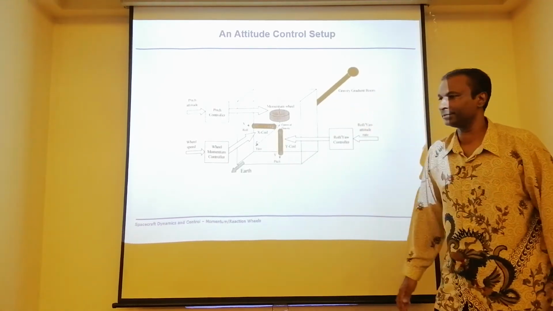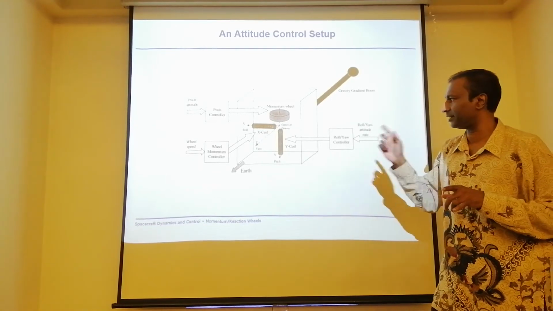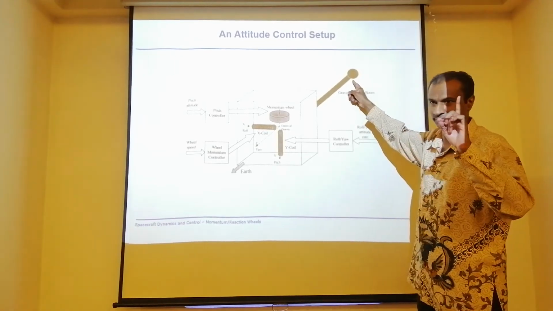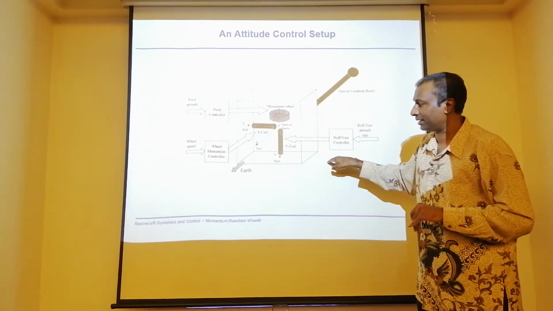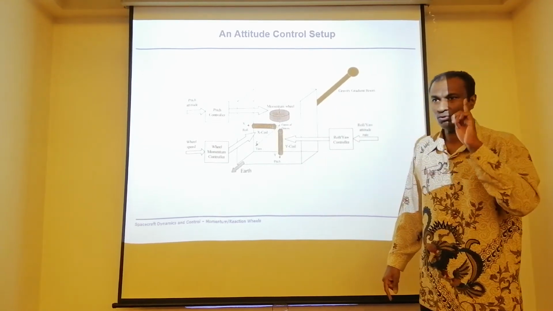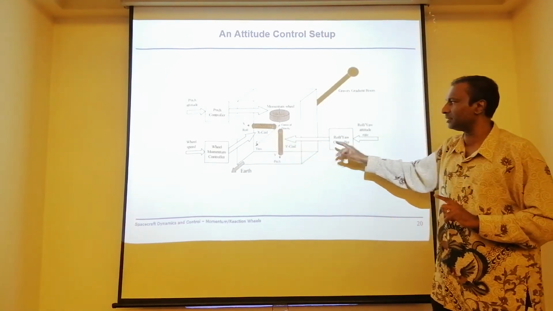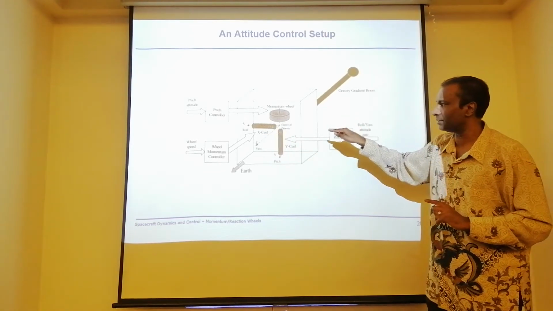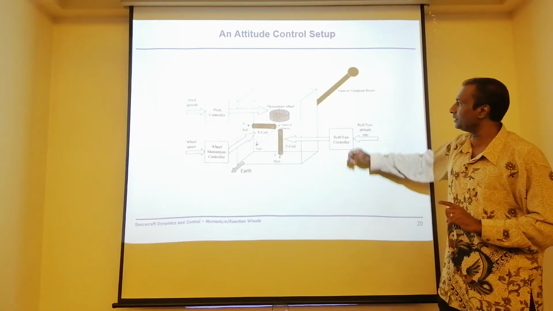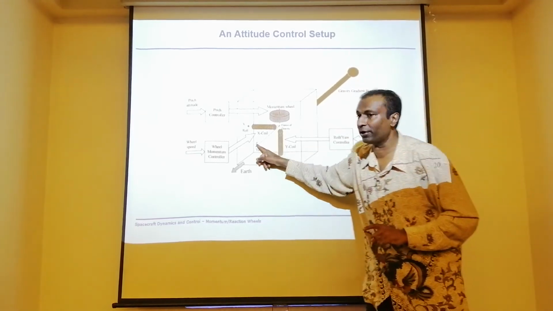Now I have combined all those actuators that you have learned here. Gravity gradient boom. More important in this whole diagram is to observe the axes that I have picked to install the exact device. Look at my boom, your axis.